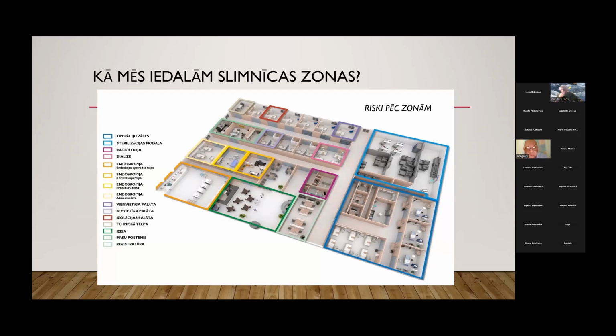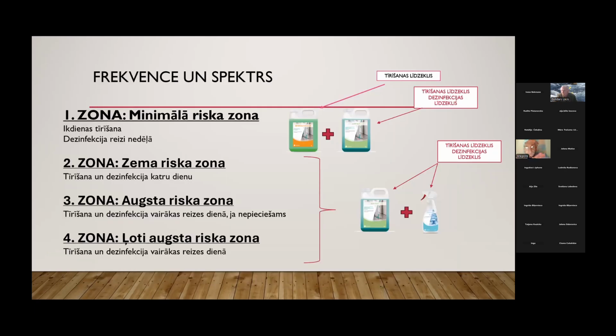How do we split a hospital? The hospital will be divided into different areas. So this is very important to say, okay, this area will be defined. We will define every single department, and based on it, we will make some zones. There will be a zone 1, with minimum risk.